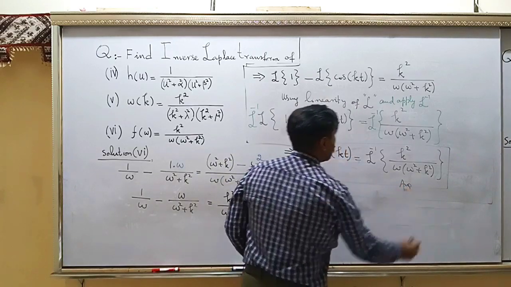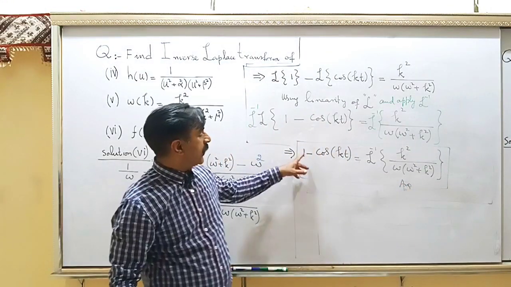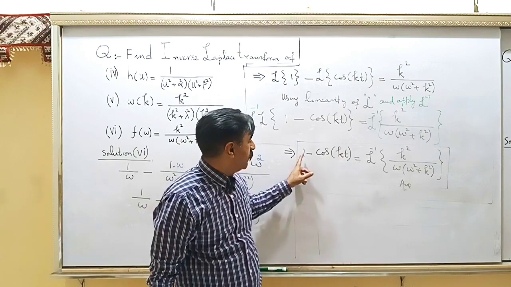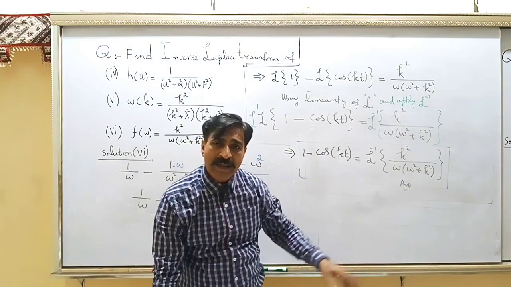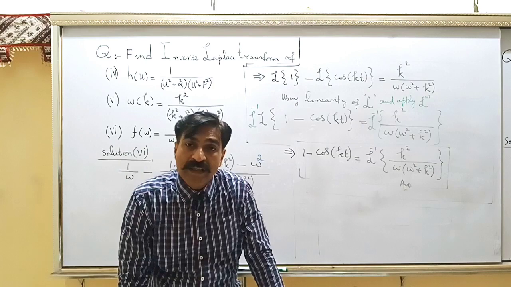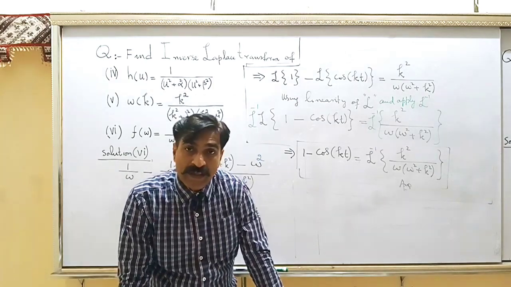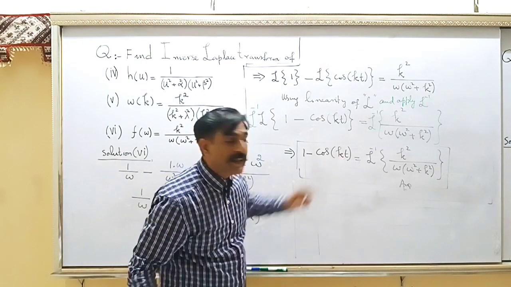This is the answer. If you like, this 1 minus cos kt is like 1 minus cos theta, and you can apply the half angle identity. It is 2 sine square theta by 2. In place of theta, you have kt.